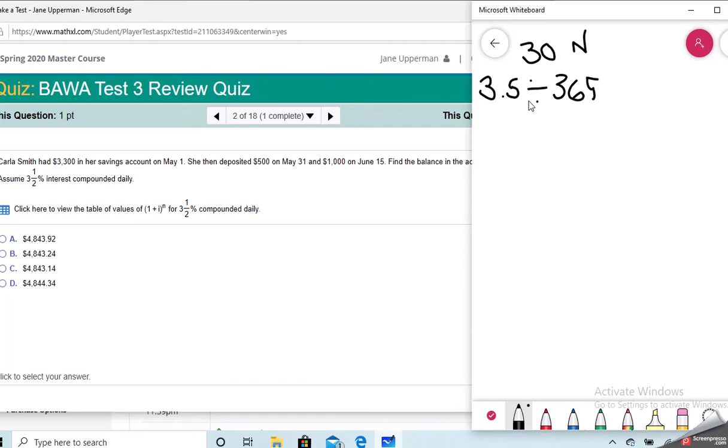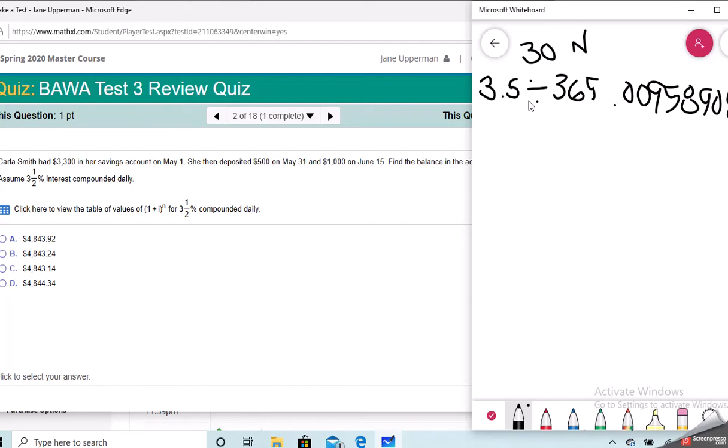So 3.5 divided by 365 gives us 0.009589041. And then while I have that in my calculator, I'm going to just push the IY button because again, it's a long number. You don't want to miss anything when you type it in.